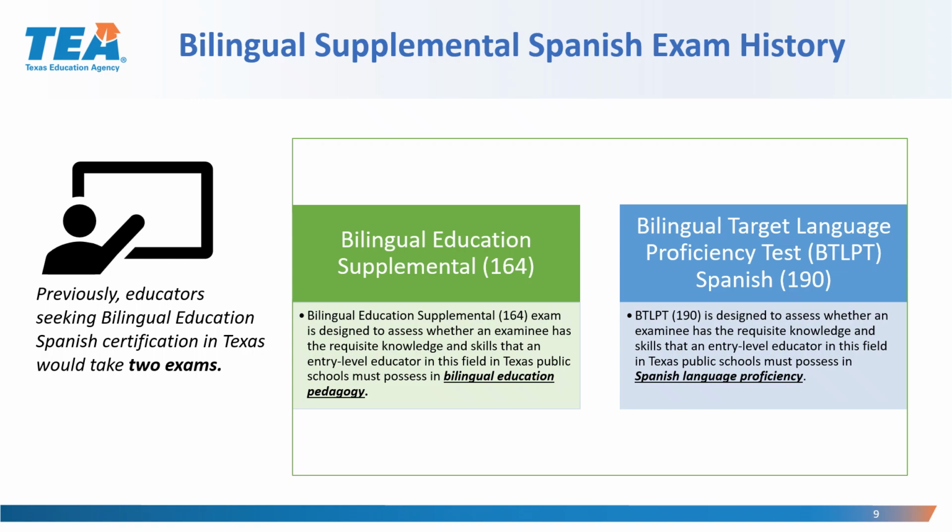Exam 164 included 1 domain, 4 competencies, 80 selected response questions, and was based on the Bilingual Education Supplemental Exam Framework. Exam 190 included 4 domains, 4 competencies, 84 selected response items, 4 speaking constructed response tasks, and 3 writing constructed response tasks.